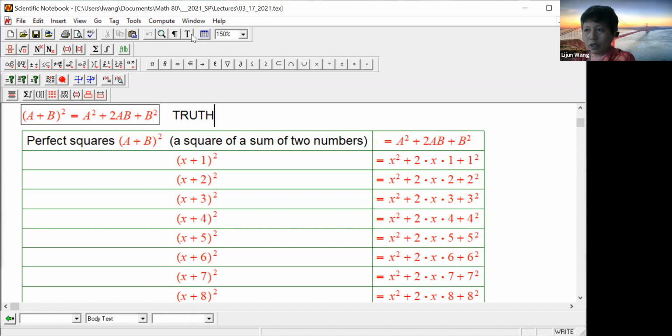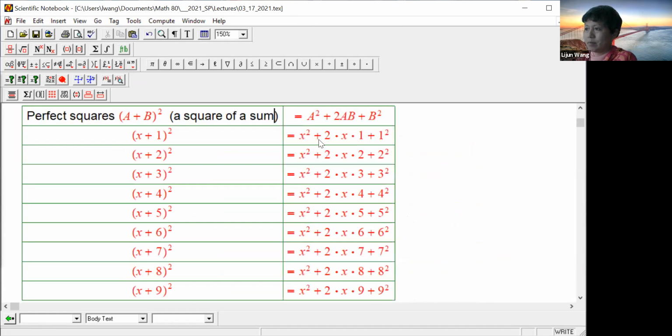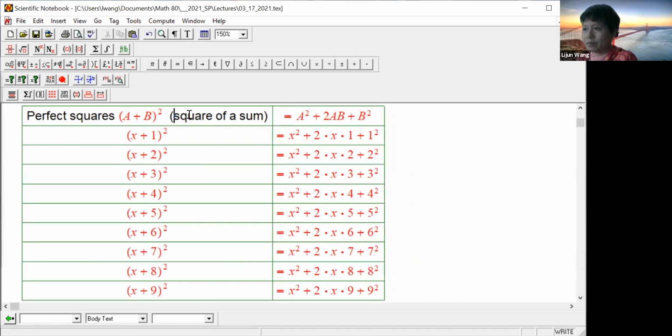Okay, a square of a sum of two numbers. Sometimes we just use shorthand. We just say a square of a sum. In the simplest form, what have we found?